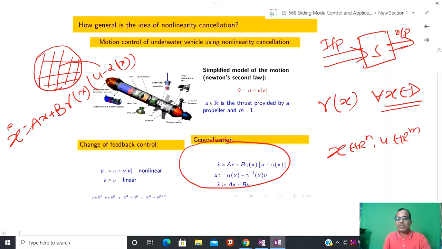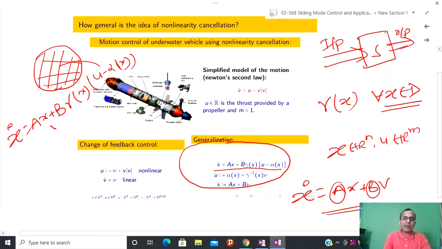And once you couple this, you can see that I have the system x dot equals Ax plus B nu, where A is a constant matrix and B is a constant matrix. So this system is completely linear. If I have a nonlinear system with this kind of structure, then I can guarantee that if my actuator is strong enough, I can convert this nonlinear system into a linear system.